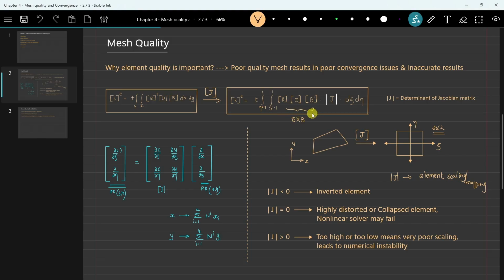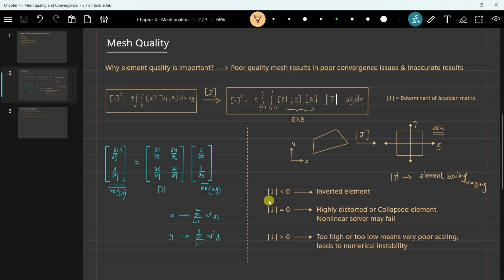Now we can also say J is an element quality parameter, because as we said, it indicates how much the element is scaled or mapped, expanded or shrunk, or whether it is skewed or unskewed. So that is an indication of element quality.